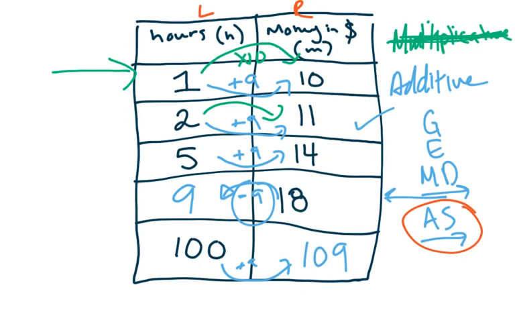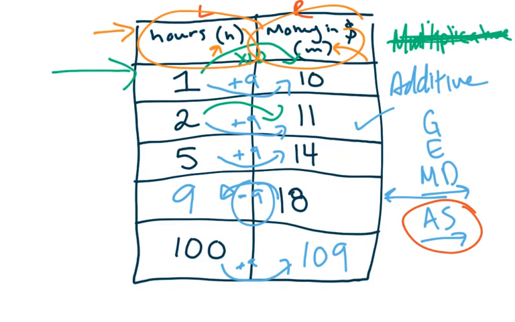So now that we've figured out what's going on in each relationship, you have to write it as an algebraic expression. The great thing about tables is they already define your variables for you in the top line. Here it says hours are going to be represented by H, and money, represented in dollars, is going to be represented by M. So, I like to pick the direction that you were going more frequently.